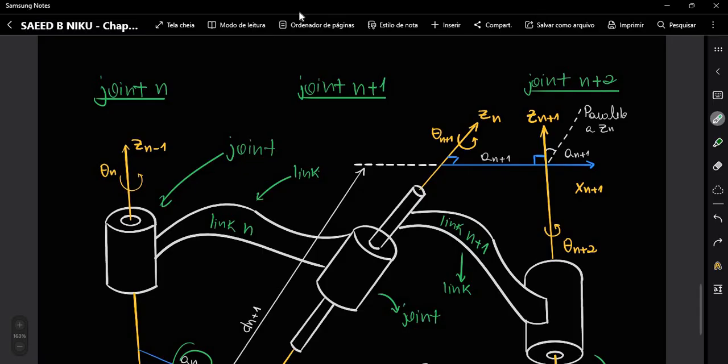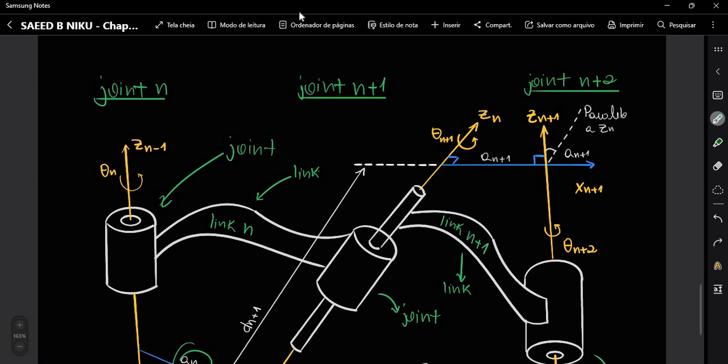So if this one is theta n, this one is theta n plus 1, and to rotate this joint following this pattern, we have theta n plus 2.